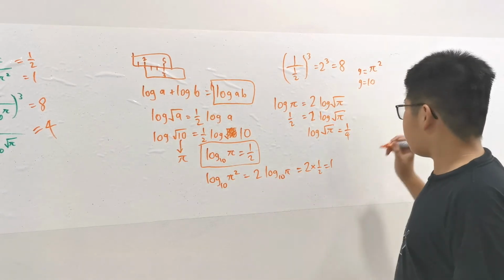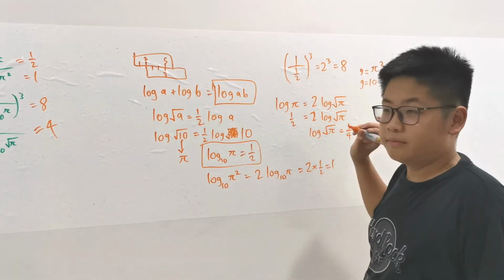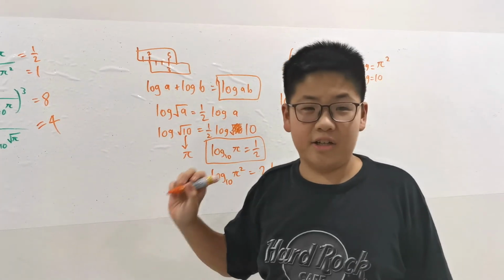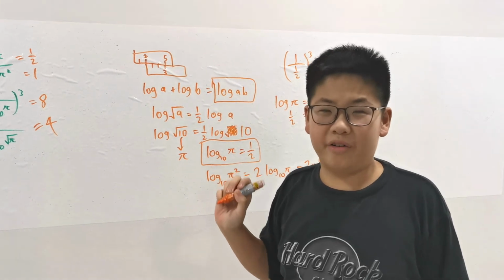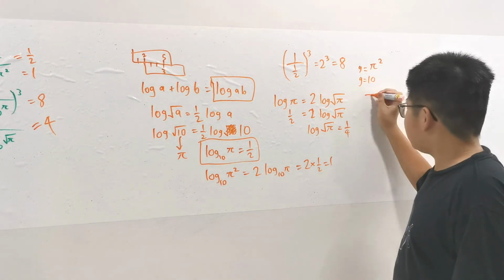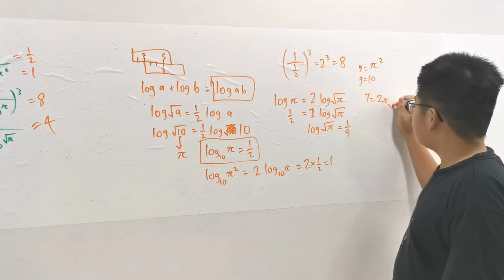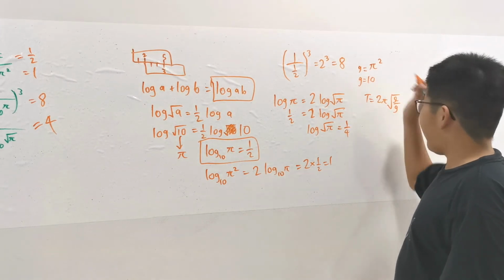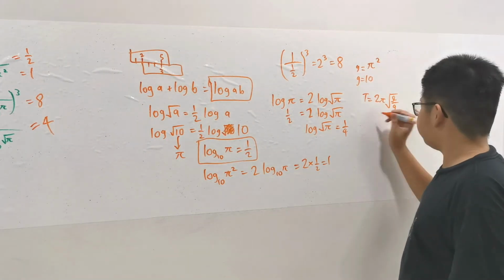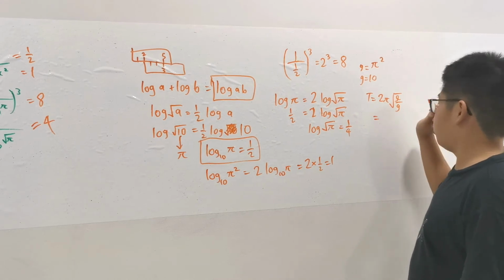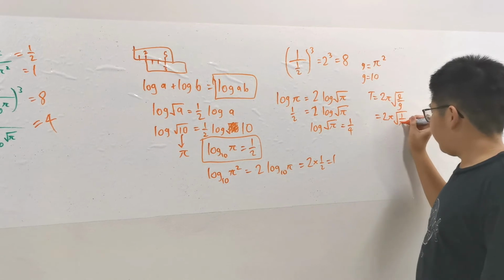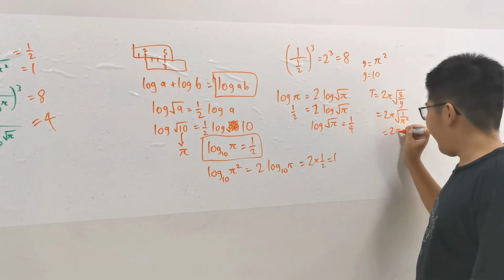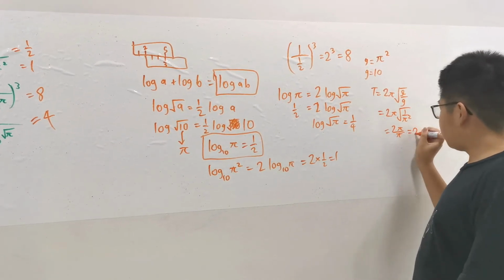And you know how you won't go wrong? Well, if you find the period of a pendulum, T equals what? 2 pi root L over g. So T equals 2 pi root L over g. And if you take g is pi squared, and you take L equals 1, then it's 2 pi root 1 over pi squared, which equals 2 pi over pi, equals 2.